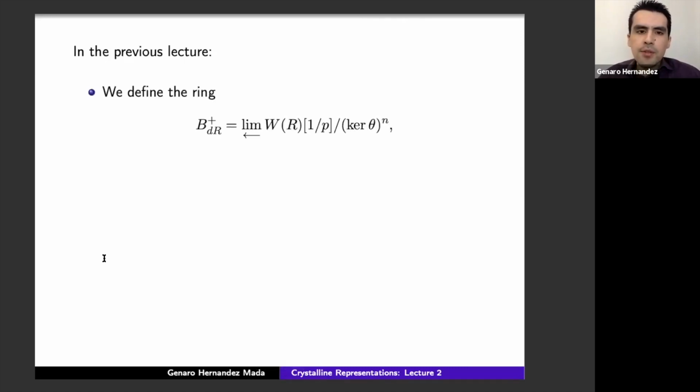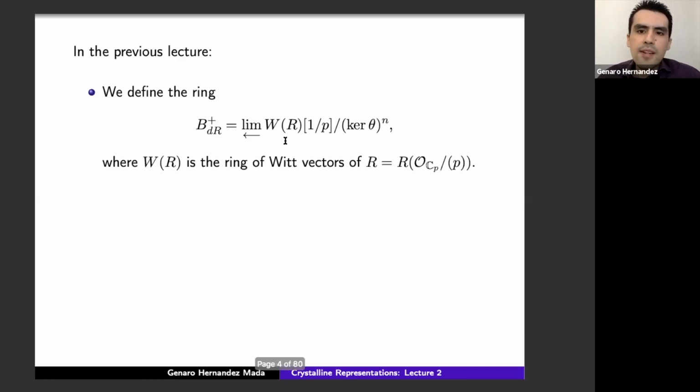So we defined the ring B_dR^+ as a projective limit of this ring. Here I have to say that W(R) is the ring of Witt vectors of this other ring, which is the perfection of this ring that is not perfect. Then we inverted p, and then we took this projective limit with the powers of the kernel of theta.